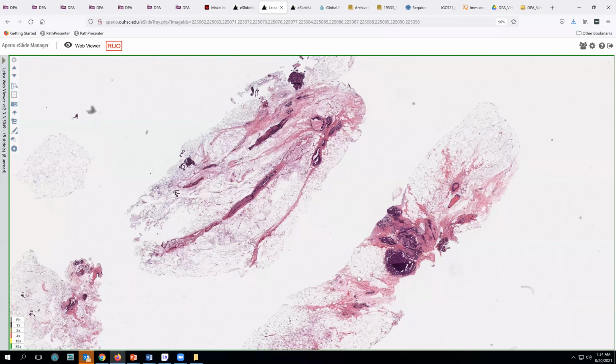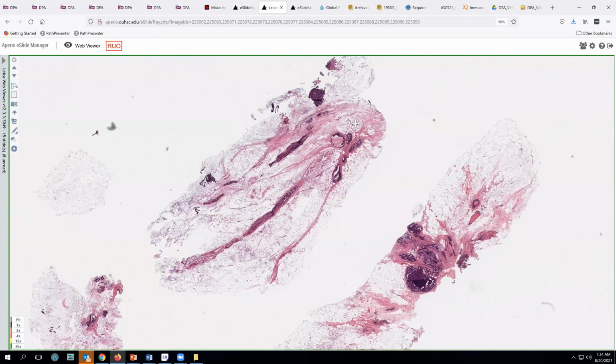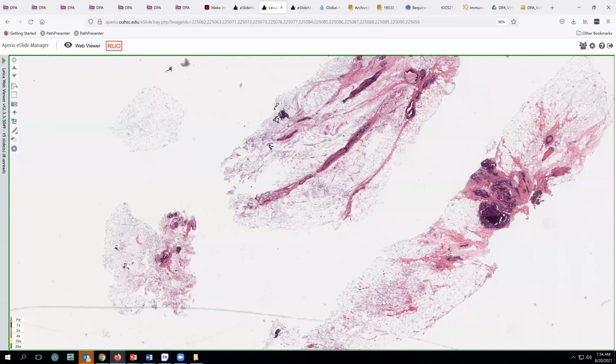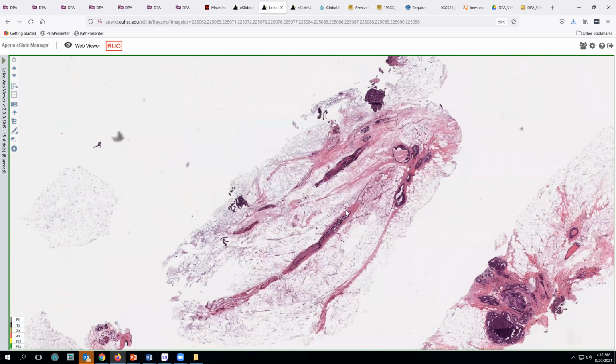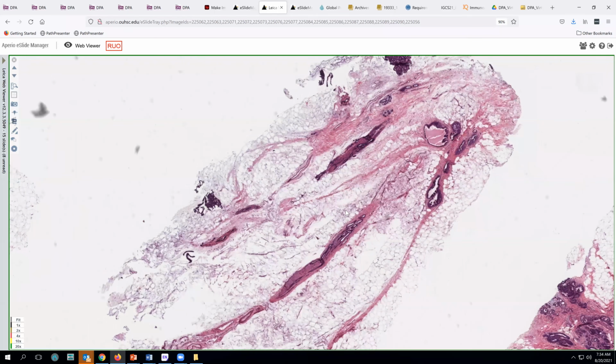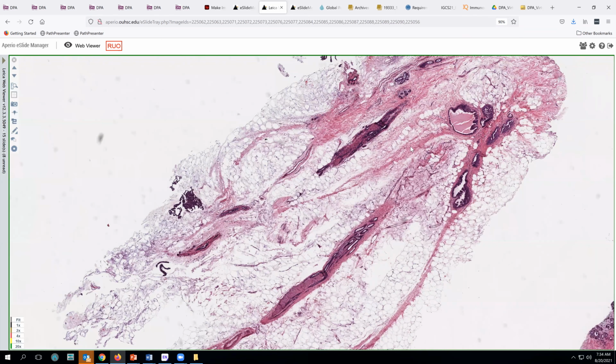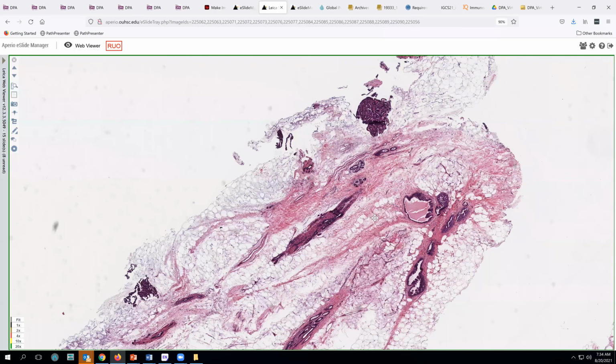It had a very small focus here of abnormality, and most of the tissue is just benign fibrofatty tissue with a few bland ducts. But since this patient had the history in their family of carcinoma, that also would lead to a lower threshold to biopsy.